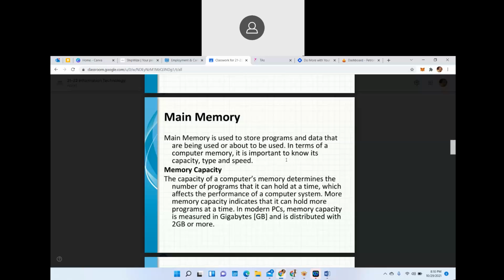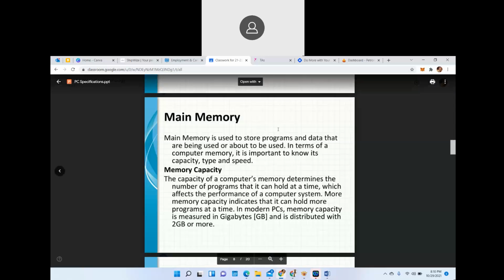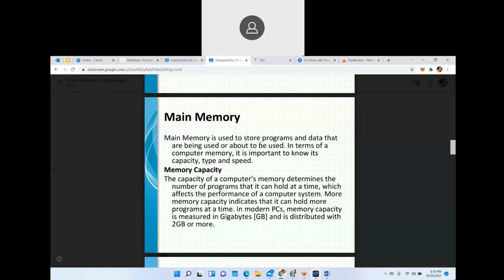That's why I can open a zillion tabs in Google Chrome, because I have enough memory to hold all those tabs that I keep open. The capacity of a computer's memory determines the number of programs that it can hold at a time, which affects the performance of the computer.